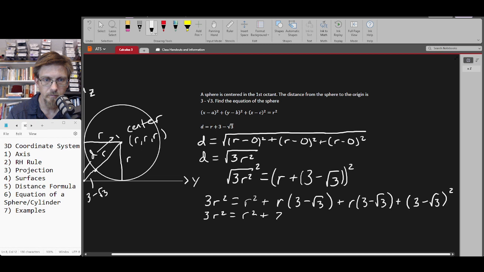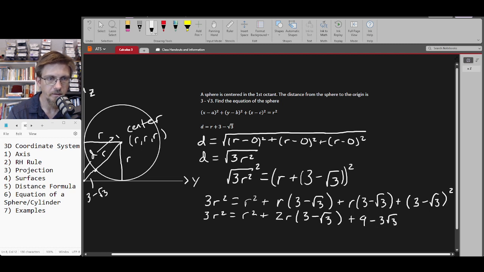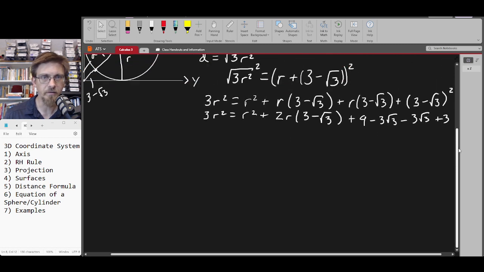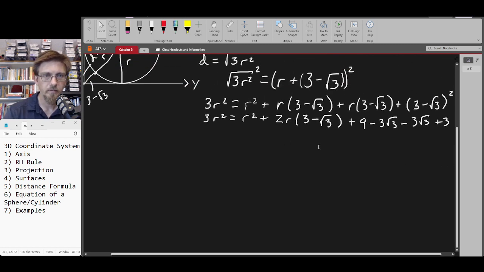So I could go ahead and distribute that, maybe I'll do that in a minute here. And then we're going to square out 3 minus rad 3. So 3 times 3 is 9. And then we have minus 3 rad 3, minus another 3 rad 3, and then plus 3 for squaring out that binomial.